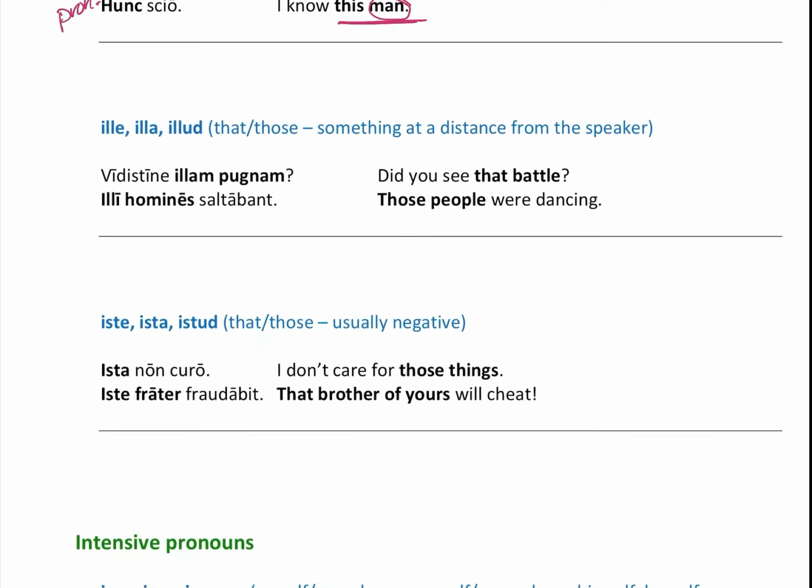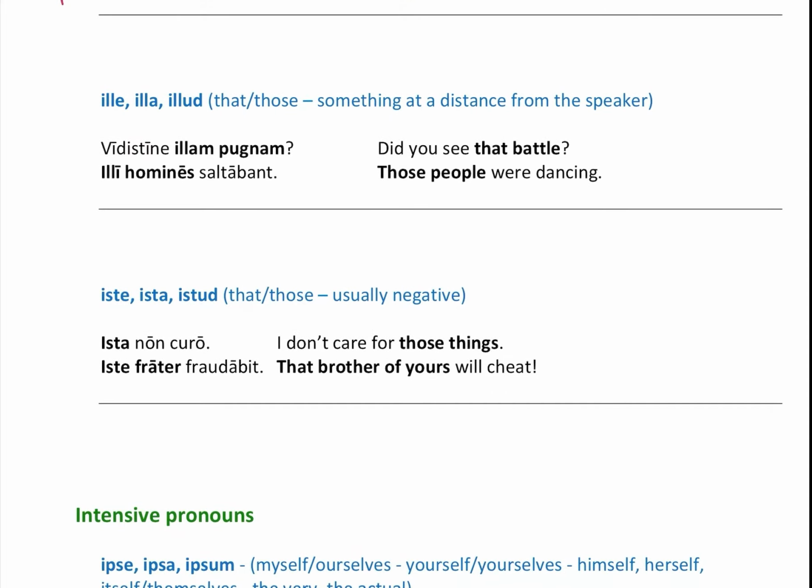Okay. Ille, illa, illud means that or those, and this time it's a little different because it is something at a distance from the speaker. So first sentence, vidistine illam pugnam. Did you see that battle? So that battle over there, right? Here illam works as an adjective. That battle. It modifies, and remember it's an adjective, gender, case, and number.